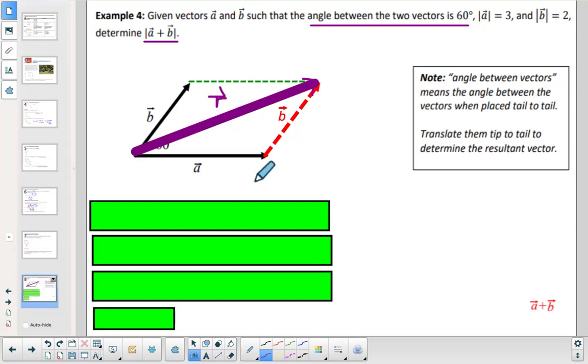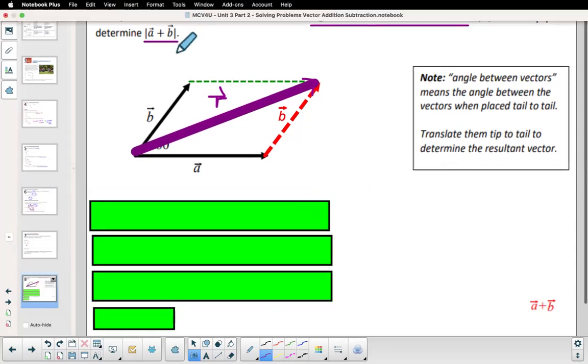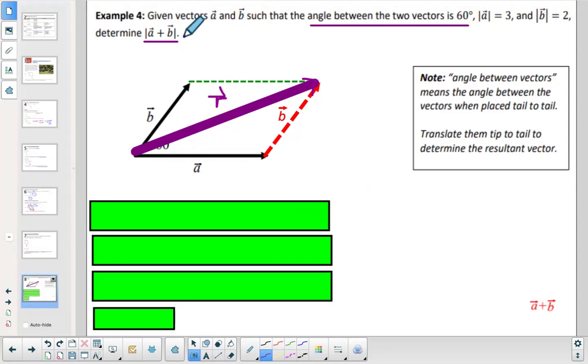Now, to solve for the magnitude of this resultant, remember the lines outside of A plus B mean that I'm solving for the magnitude. So my resultant is equal to the magnitude of vector A plus vector B. Let's change my colors here.